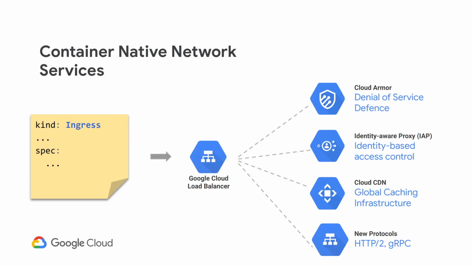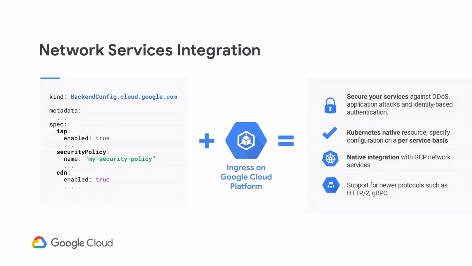Some of the other things that you definitely want in your modern web applications, which are microservices based, is support for newer protocols such as gRPC. So keeping all these use cases in mind, we came up with a host of services that would help you achieve all these goals.